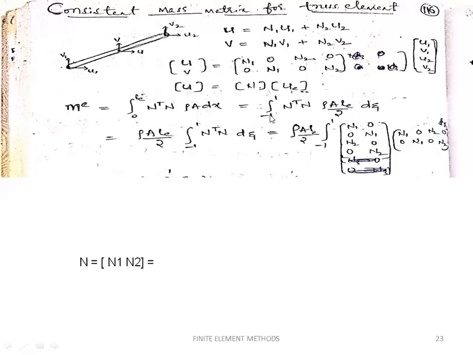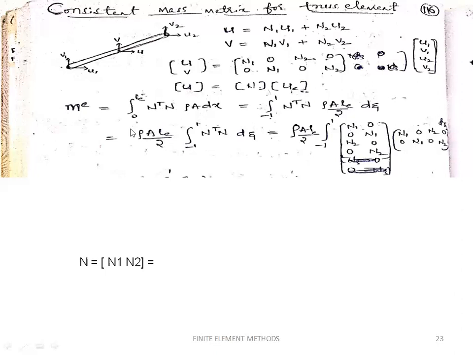Substituting here, we can write this as an integral from -1 to 1. Why? Because zeta can vary from -1 to +1. These are the limits of the local coordinate system or natural coordinate system, -1 to 1, n transpose into n into rho into a into Le by 2 into d zeta. So this is the modified consistent mass matrix for the truss element.